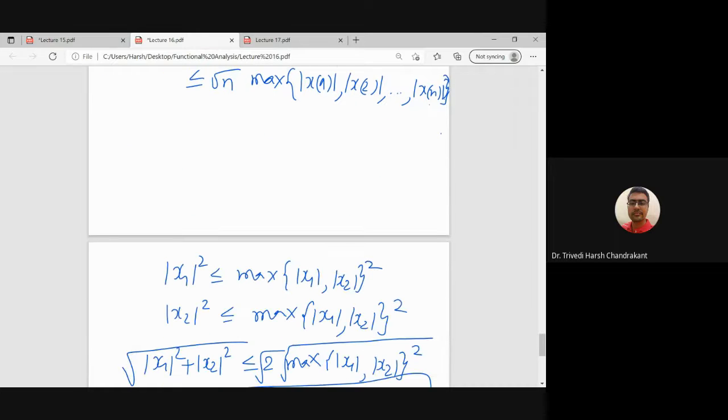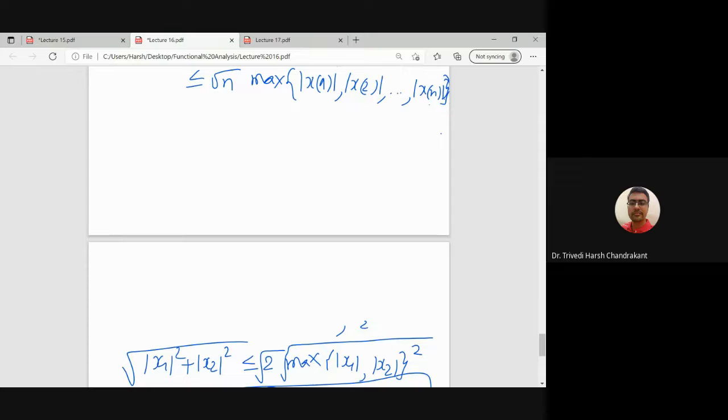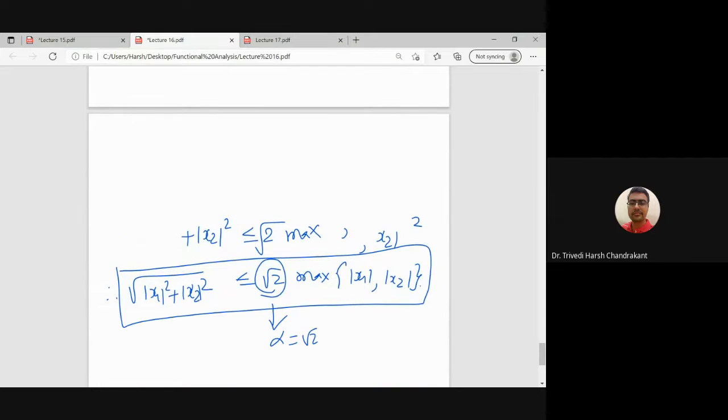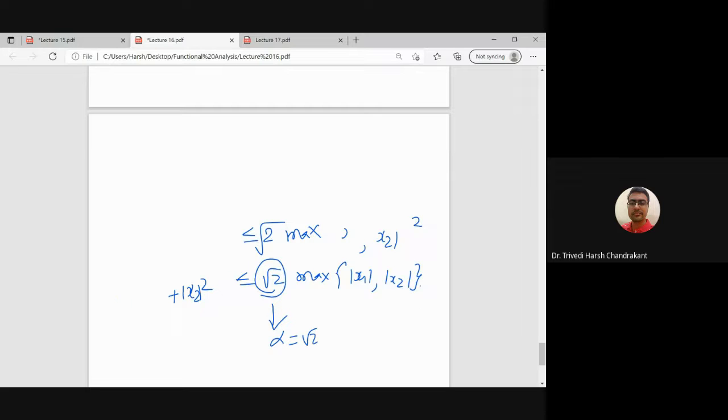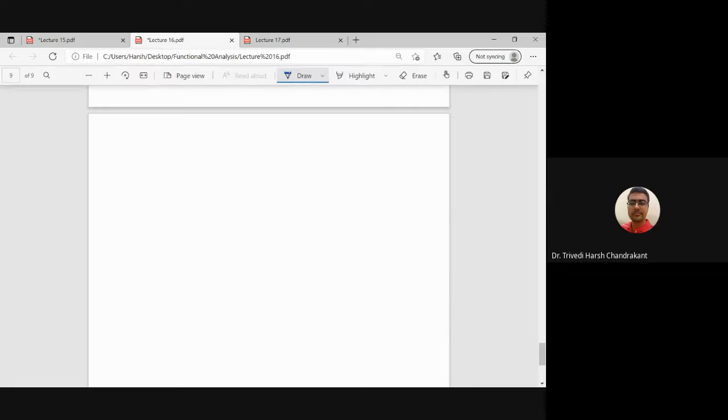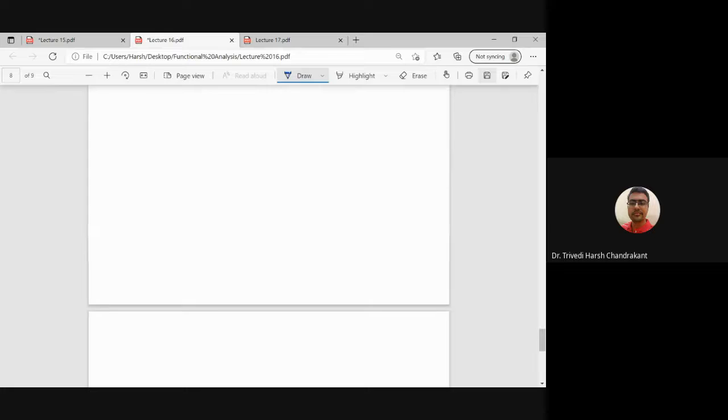I believe you already know these things, we are only reframing it. The comparison of these numbers you already know. The only thing is this norm comparison we are doing for the first time.